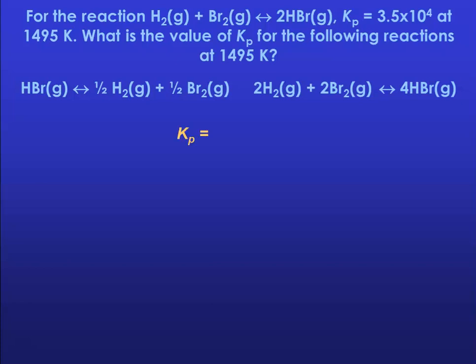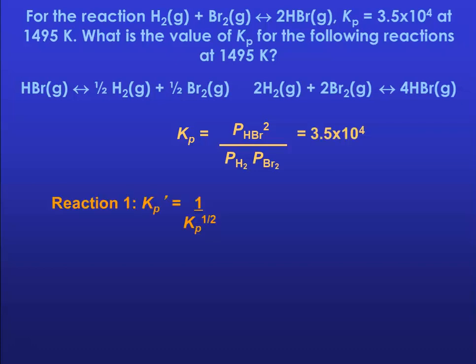So for this first expression, if I go back to that parent reaction, HBr would be squared over hydrogen and bromine. In my reaction on the left, I have the same equation, but it's the inverse, and the coefficients have been changed by a factor of 1/2.